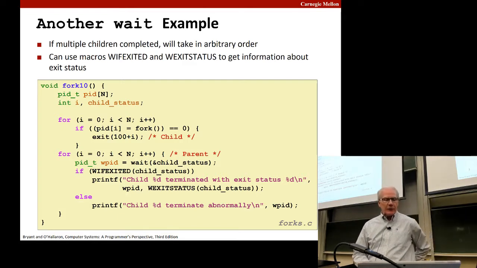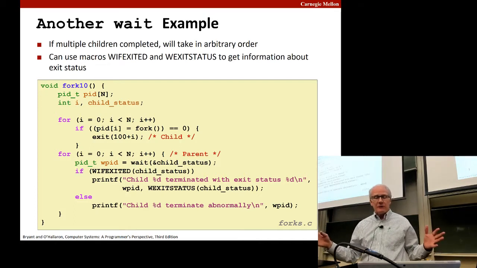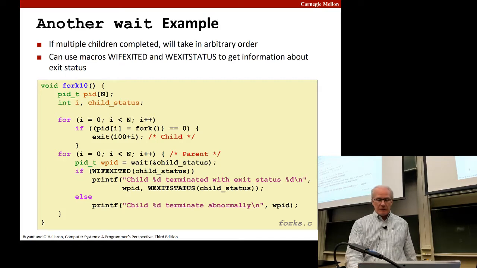This example, and this code's okay, we'll look at similar but buggy code later, shows firing up n different processes, where I think n is actually 5 in the program. The parent will fire 5 different children, and then it will wait for them in a loop, one after the other. But the point is, they don't all have to return in the order they were created.